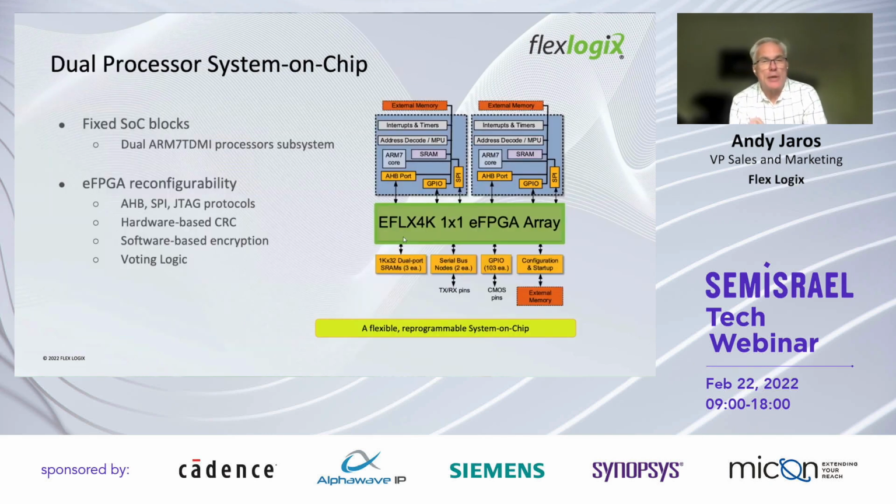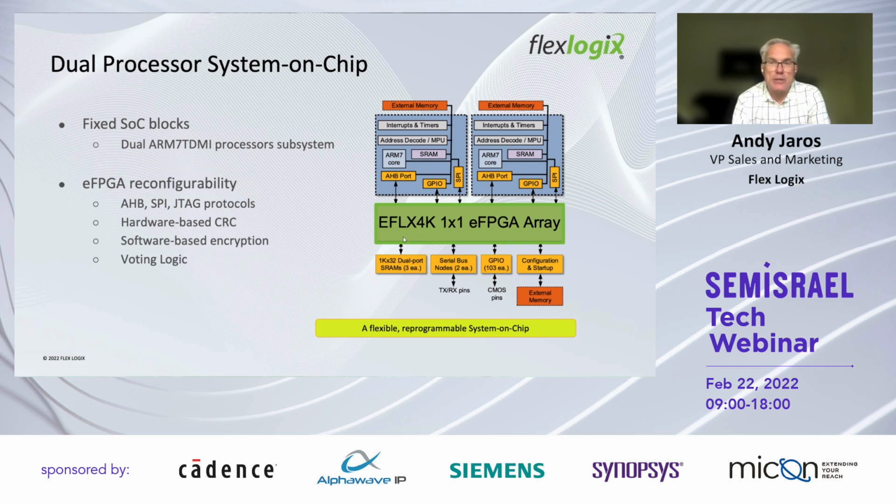One example of somebody actually using embedded FPGA in a microcontroller or a small embedded device is Sandia National Labs, who developed a chip. They have dual ARM7 processors, and they use the embedded FPGA for internal IP connections and implementing custom hardware blocks.